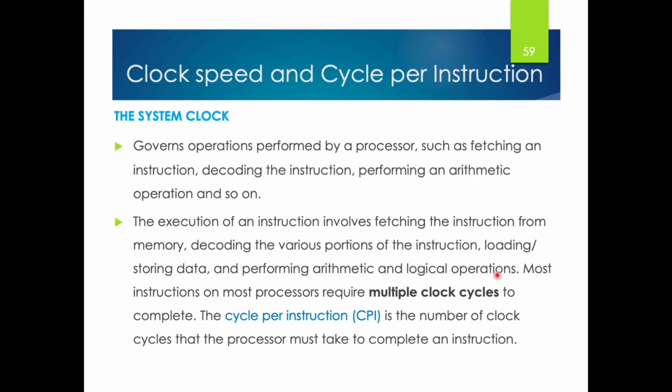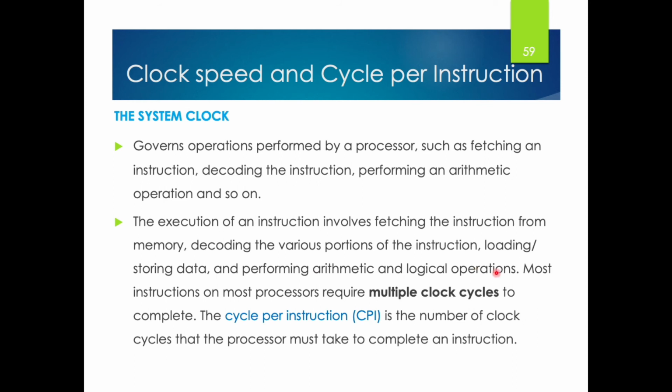The system clock will govern the operations performed by a processor, such as fetching instructions, decoding the instructions, and performing arithmetic operations, and so on. The execution of instructions involves fetching the instructions from the memory, decoding the various portions of the instructions, loading and storing data, and performing arithmetic and logical operations.